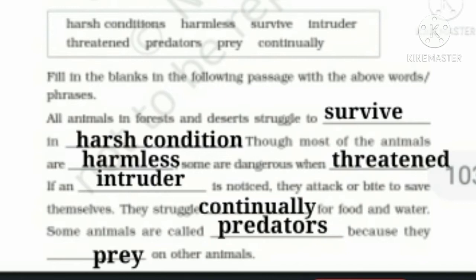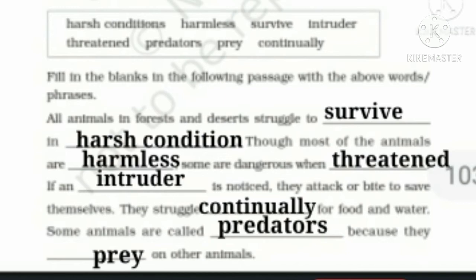All animals in forest and deserts struggle to survive in harsh condition. Though most of the animals are harmless, some are dangerous when threatened.